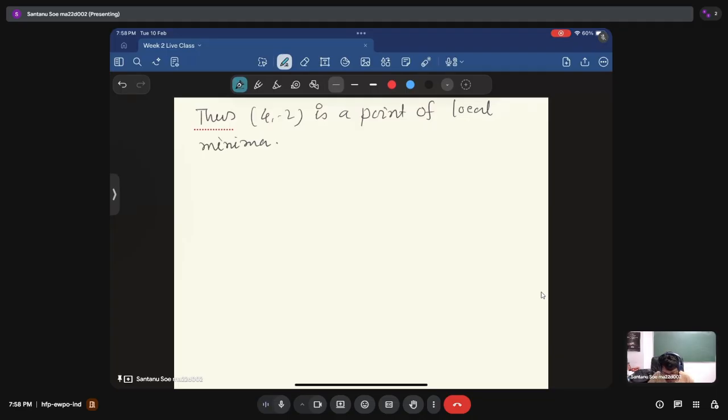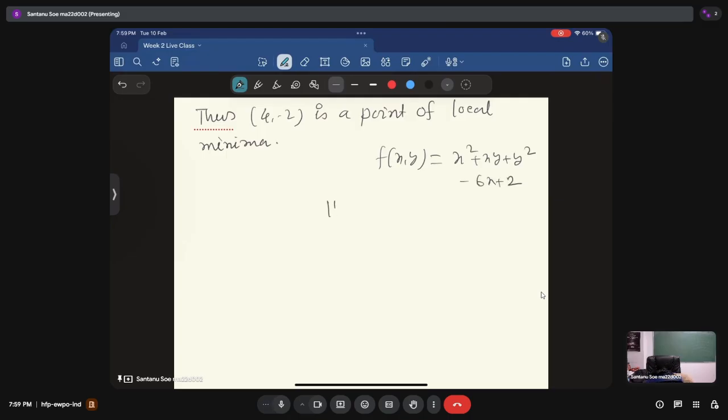Not only that, we can also prove that this point is a point of global minima because the function is strictly convex. You can see this as an exercise, because our function f(x, y) equals x squared plus xy plus y squared minus 6x plus 2.